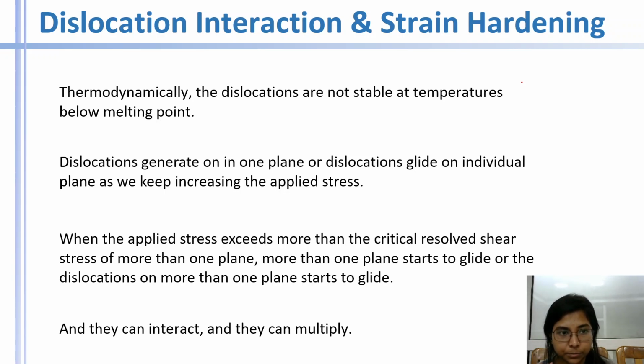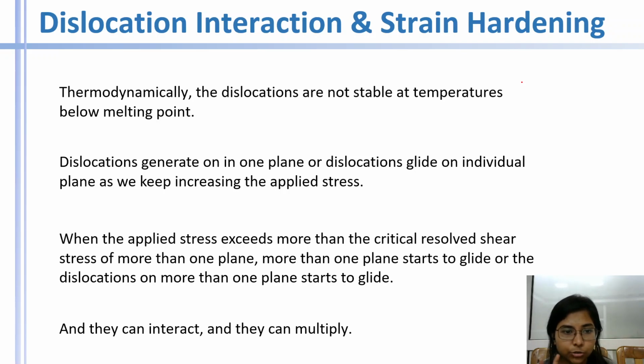We will address this exact point: if dislocations are thermodynamically not stable below the melting point, then why do we see so many dislocations? Dislocations are abundant, right? There is a reason for that.